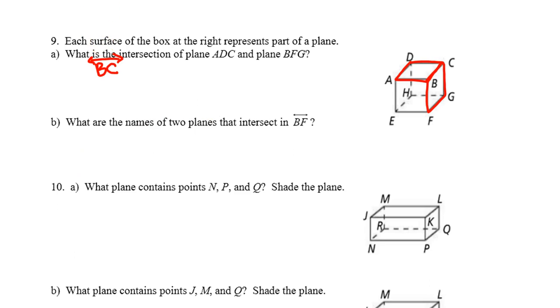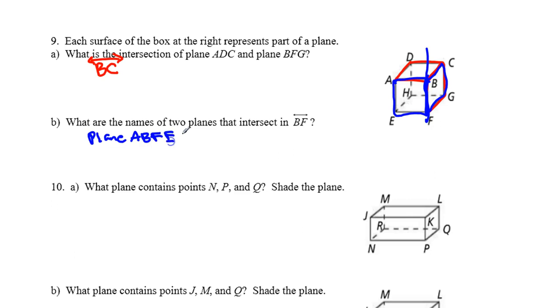What are the names of 2 planes that intersect at BF? So let's come over here now. BF is this line right here. And again, keep in mind that's really actually going to extend all the way. Well, we can think of this like the front of the box and this side here. So I'm going to name these a little bit differently just to show that variation. I'm going to call this first one plane ABFE.